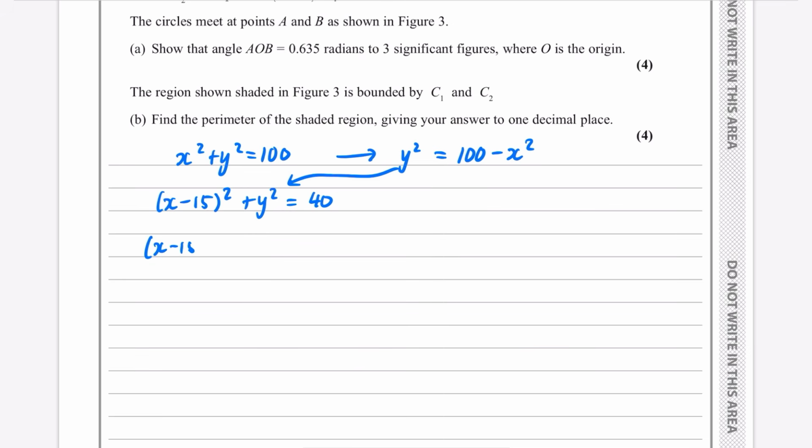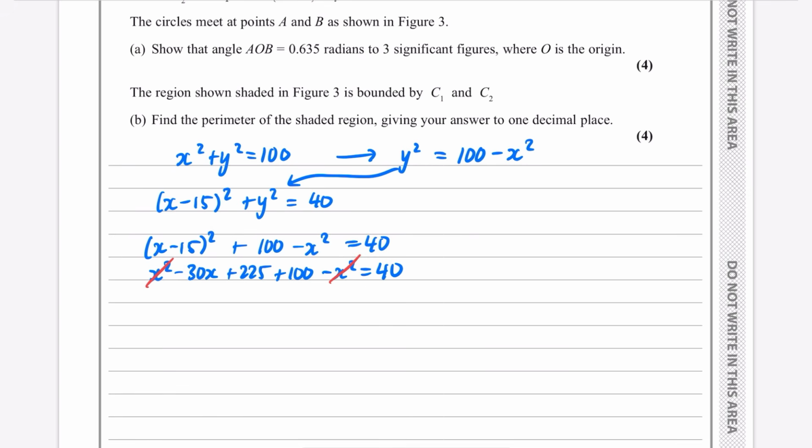So I get x minus 15 squared plus y squared, which is 100 minus x squared, equals 40. Expanding these brackets is x squared minus 30x plus 225 plus 100 minus x squared equals 40. The x squared and the minus x squared cancel, so I then have minus 30x plus 325 is equal to 40.